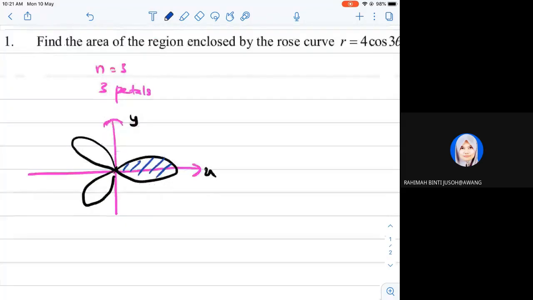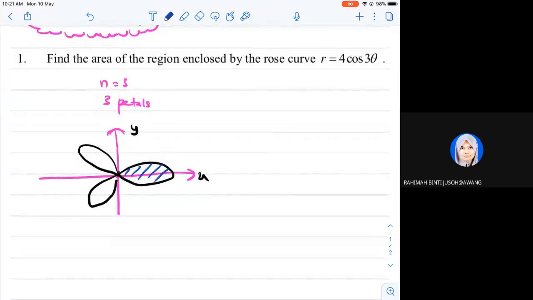So how do we know the range of the angles? As we know, the formula of area equals 1/2 integration from a to b of r squared d theta, right? So we need to know the limits of the angle, from where to where. We need to know the values of a and b.